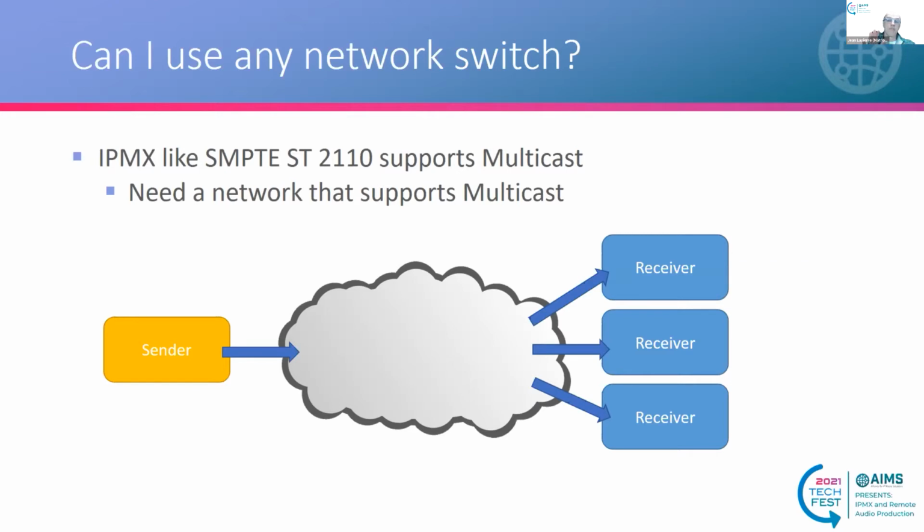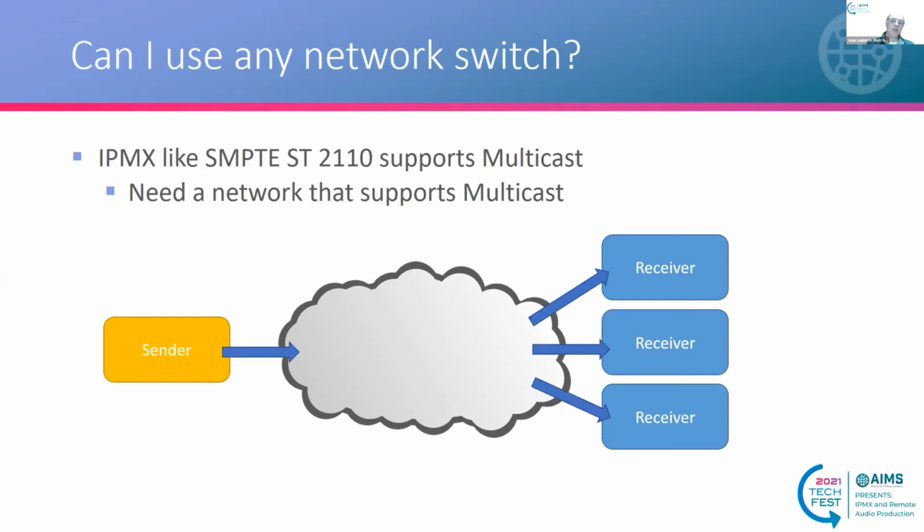In general, basic consumer grade switches don't support multicast routing, for example. And most of the time with IPMX, you'd probably be using multicast. So what consumer grade switches do is flood the multicast traffic to all ports of the switch. If your receiver and your senders are connected to the same little switch, your receiver will receive the content and things would actually work.